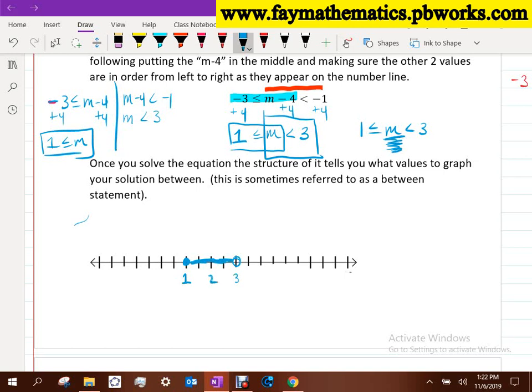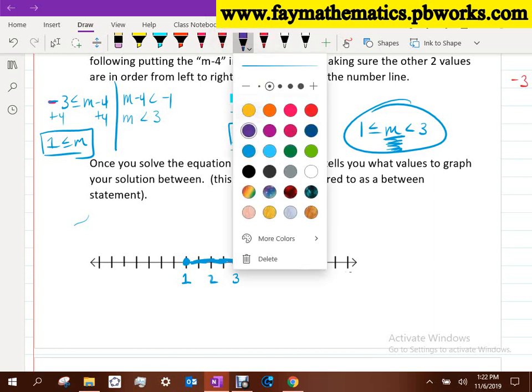Now, what I want to do here is talk about that structure, because m is the middle thing in 1, m, and 3. So it tells us graph 1 and graph 3 and then shade between those is exactly the same thing that happens when we graph these things individually and then look at where they overlap.